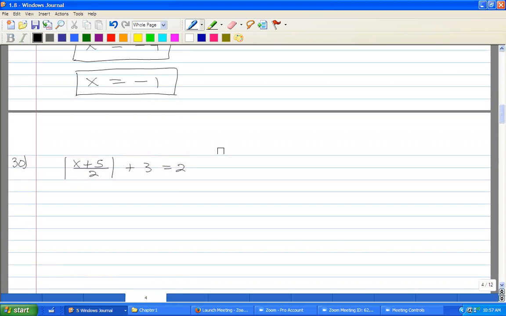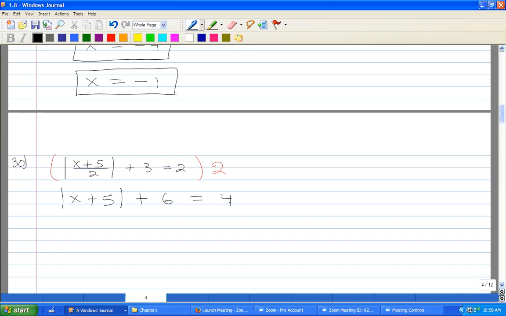Let me do problem number 30. The absolute value of x plus 5 over 2 plus 3 equals 2. First, let me get rid of fractions. Let me multiply both sides of my equation by 2. The 2's cancel, so you just get the absolute value of x plus 5, plus 6, equals 4.